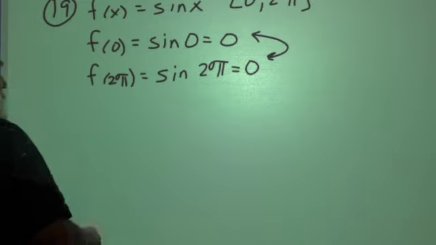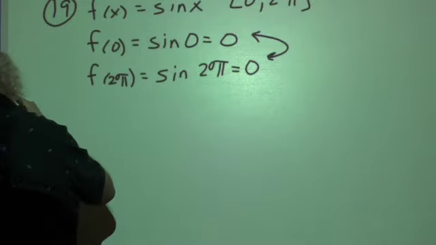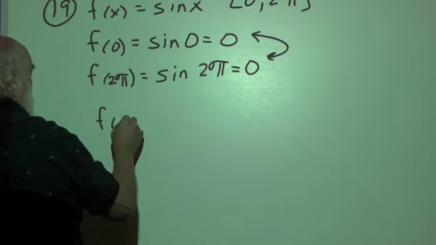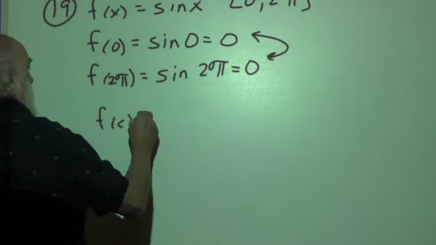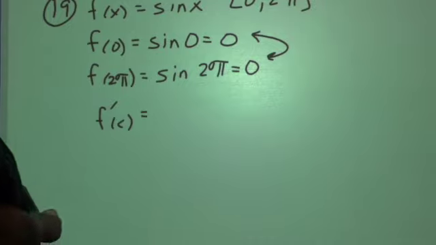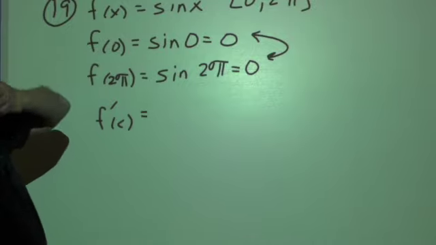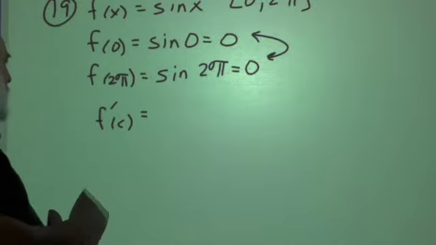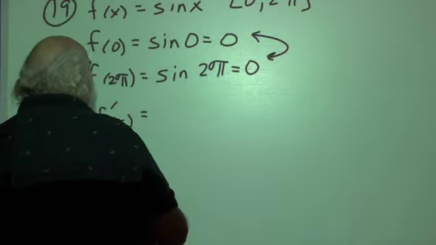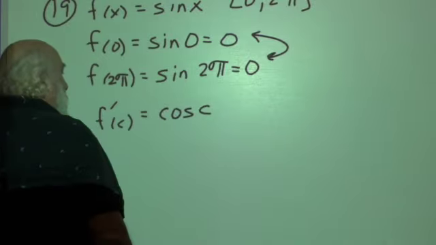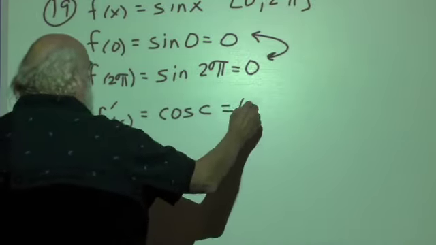So now we are going to take the slope of this and find our value of c from that. So f prime of c, that means we have to take the derivative of sine of x, or sine of c in this case, and so that's going to be cosine of c. And that's going to be equal to 0.